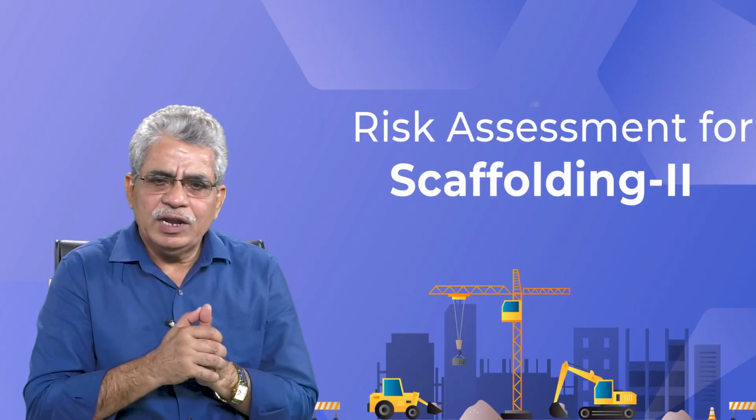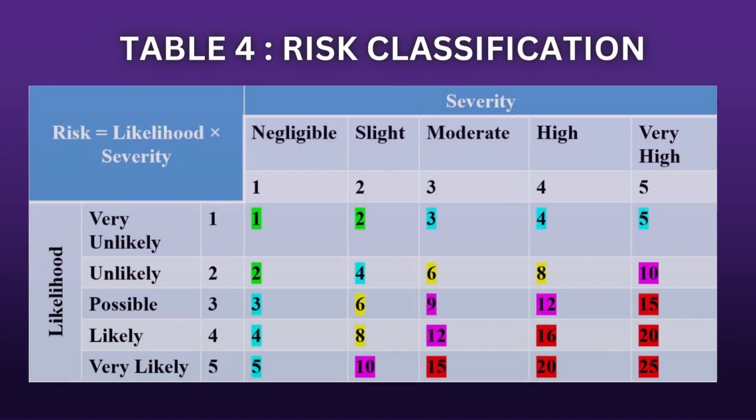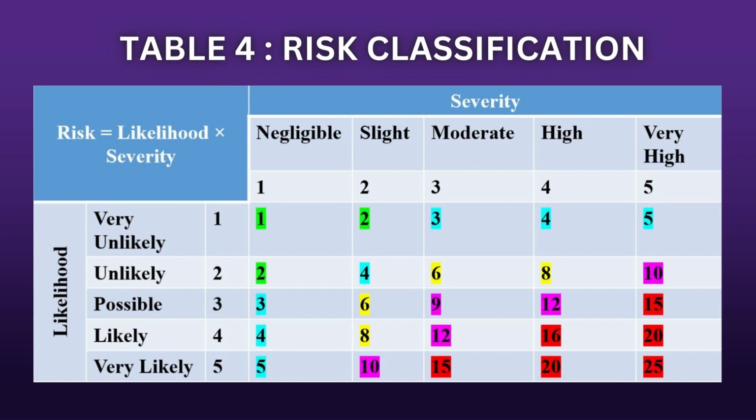Then risk qualification. Based on likelihood and severity, as I told you, risk is likelihood into severity, and based on that the table is prepared in which the risk is classified. The method of preparation is that if you look at the likelihood in the vertical column from very unlikely to very likely, and severity in a horizontal row from negligible to very high, there are ratings associated with each severity and each likelihood.